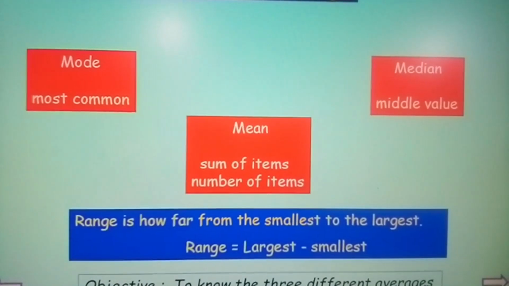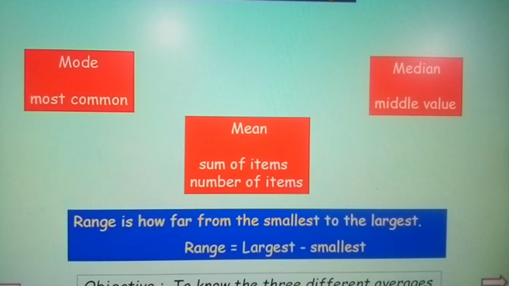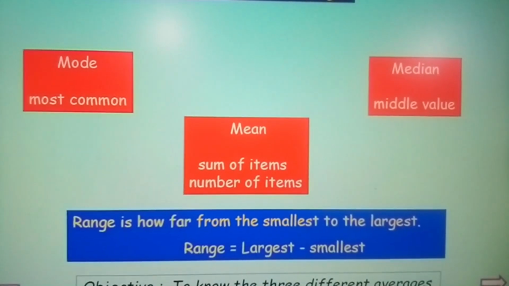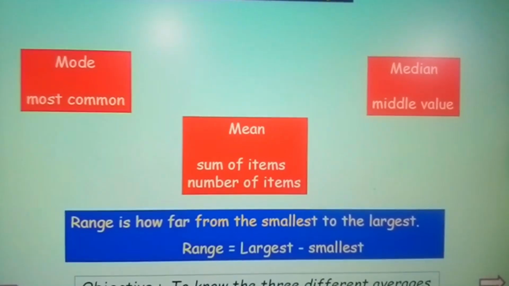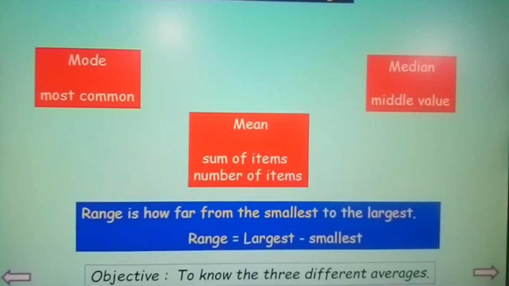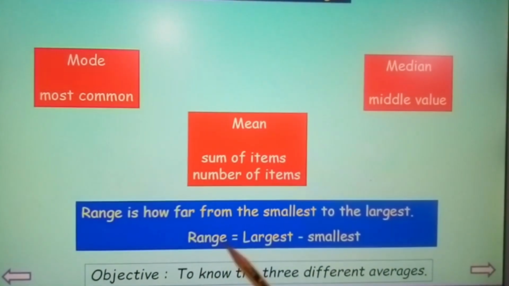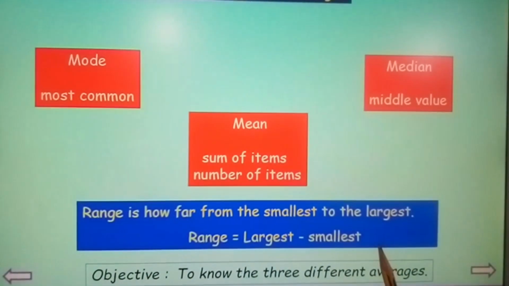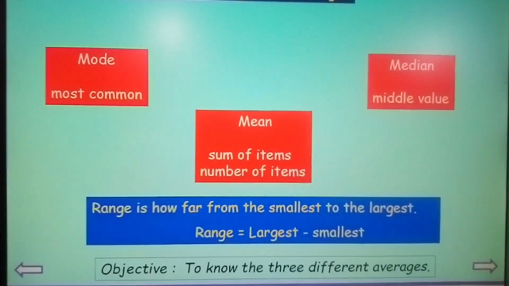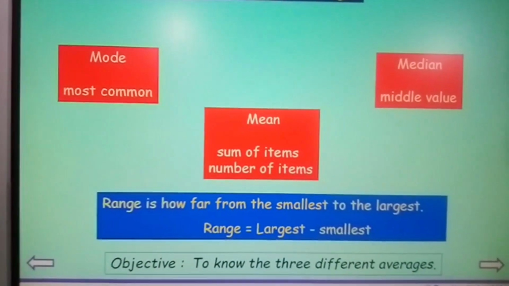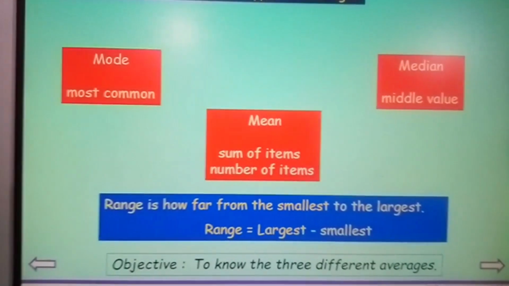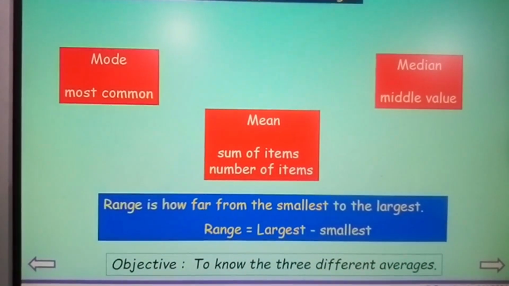Range equals largest minus smallest. In this case, we're looking at putting the largest first down to the smallest value. So if we wanted to look at 5, 4, 3, 2, 1, the largest number would come first.